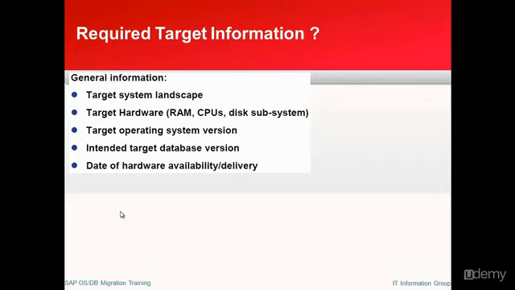Say for example, if we are going to a newer version of say Oracle, the compression is there, and are we planning to use those newer functionality or not. So what type of target operating system version, what type of database target version, and the date of hardware availability and delivery dates, they are key for planning activities. So this is the basic information which we need for the target system.